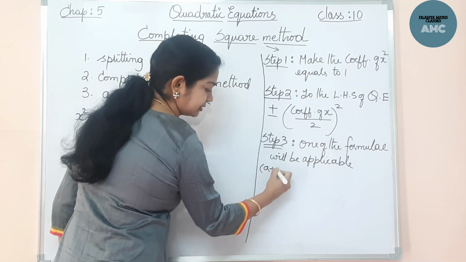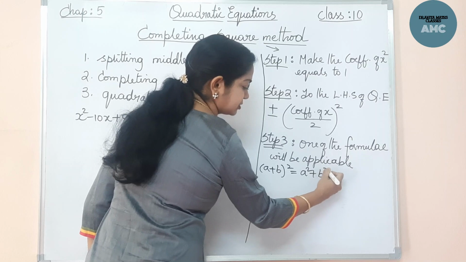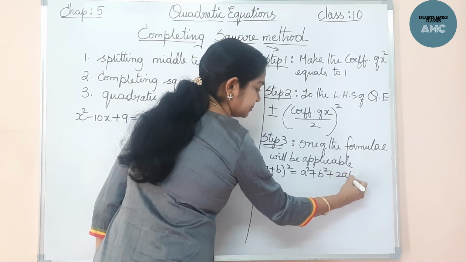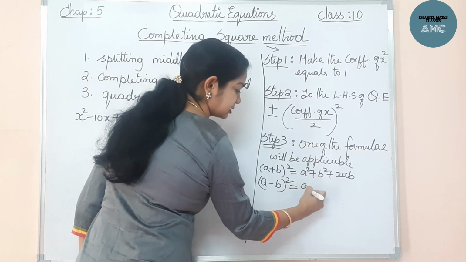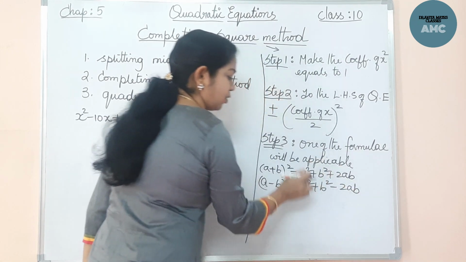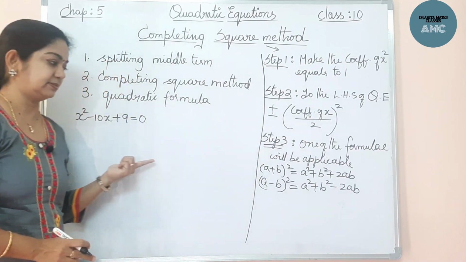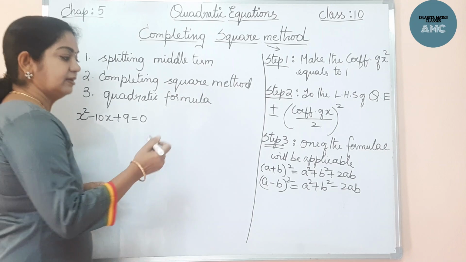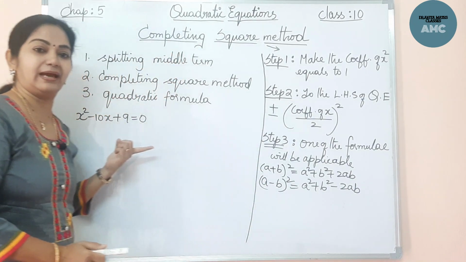The formulas are simple identities: a square plus b square plus 2ab, a plus b whole square, and a minus b whole square, a square plus b square minus 2ab. So, any one of these 2 formulas will be applicable.